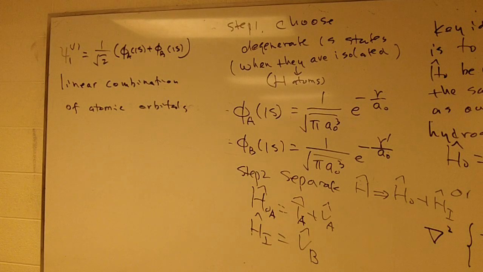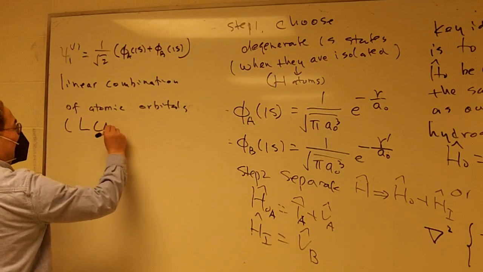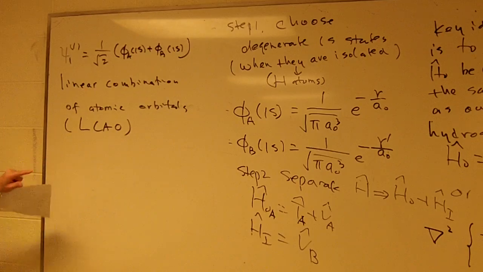So what it does is essentially tell you that originally these are the atom wave functions, but now the molecule becomes a linear combination of the atomic orbitals. In the literature, they call it LCAO, which is linear combination of atomic orbitals.